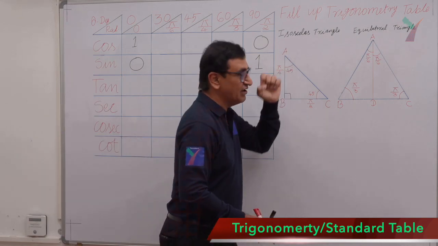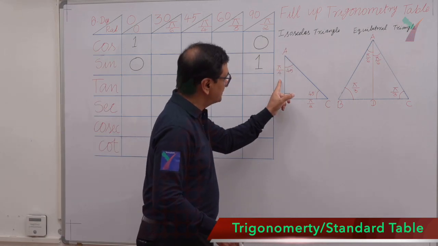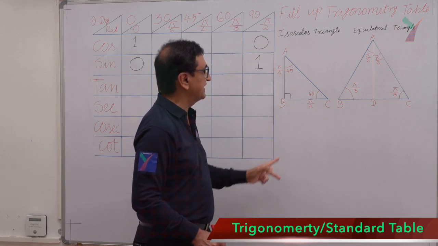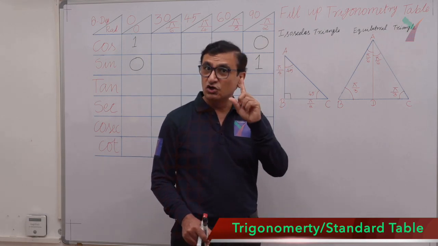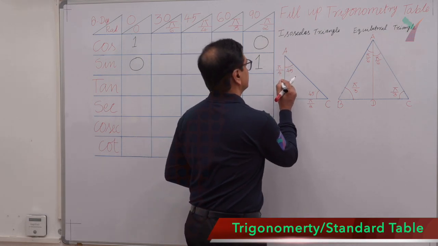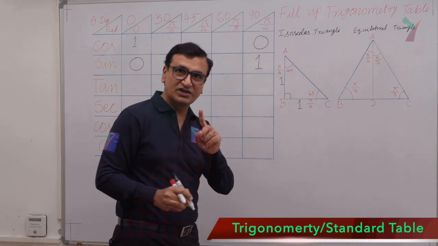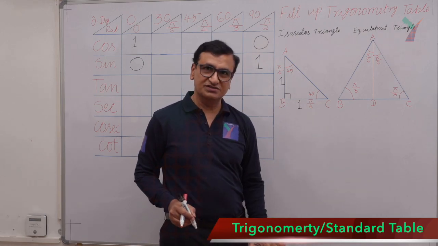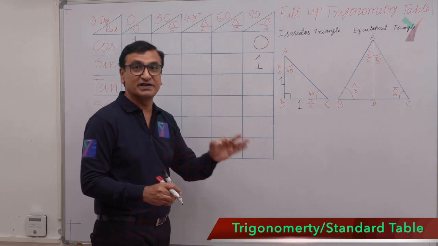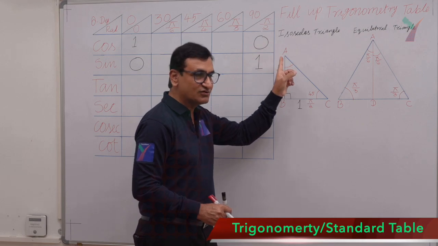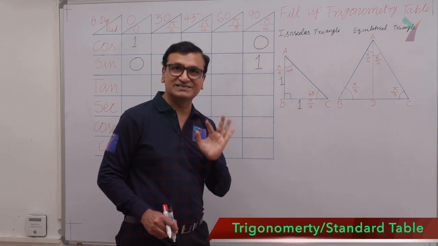First, let us look at the isosceles triangle. Let's take each of the sides AB and BC as one unit. AB is one unit, BC is one unit. Now I'm going to use the Pythagoras theorem to calculate the hypotenuse AC.